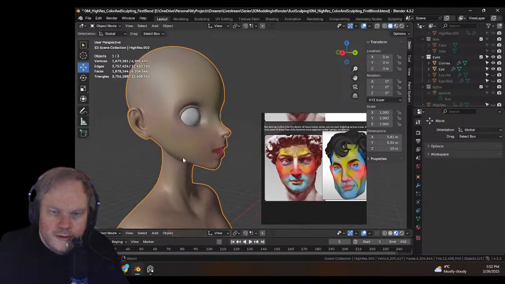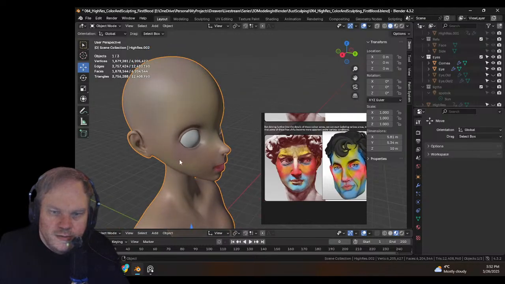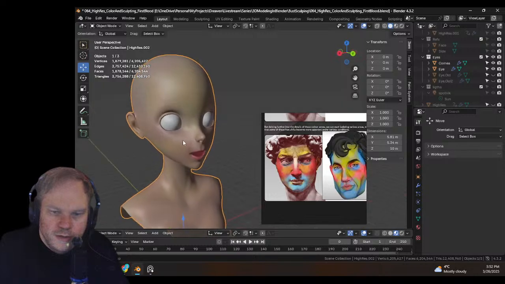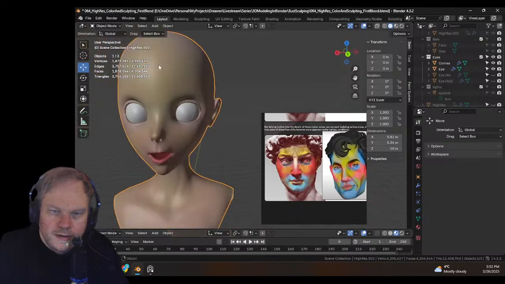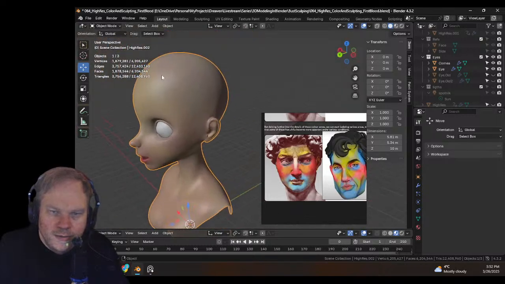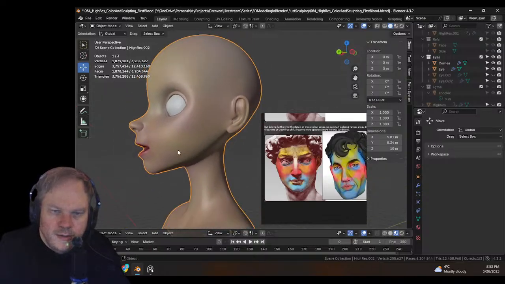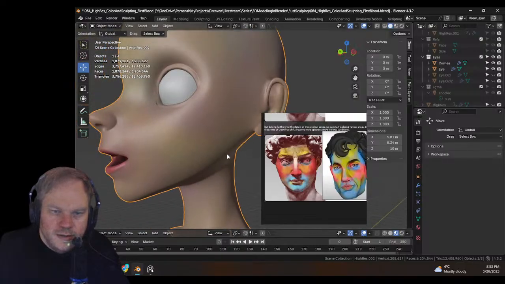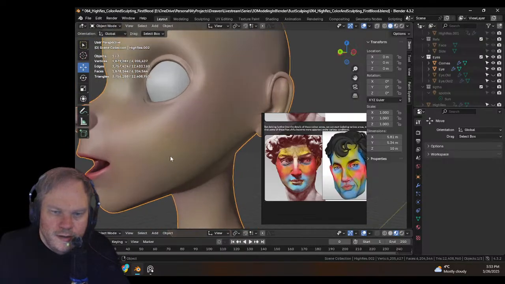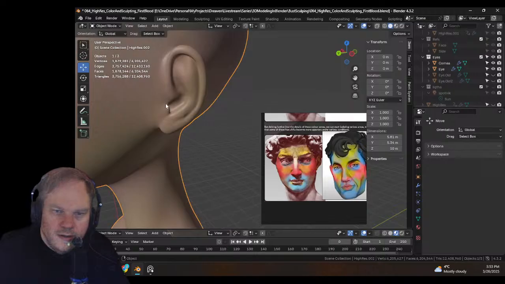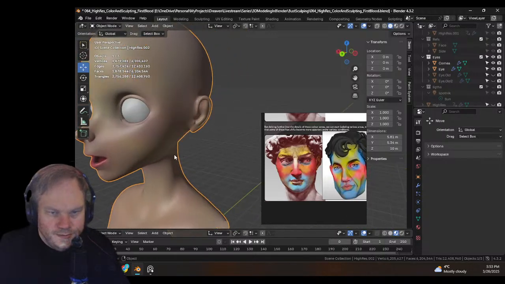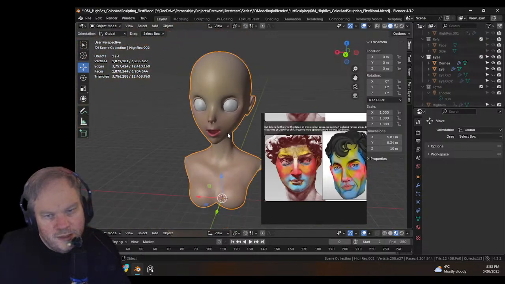We need some correction, like the yellow pops out too much, the purple too much there, yellow too much there, purple too much there, blue too much there. It's almost there. Too much yellow. So that's the process.